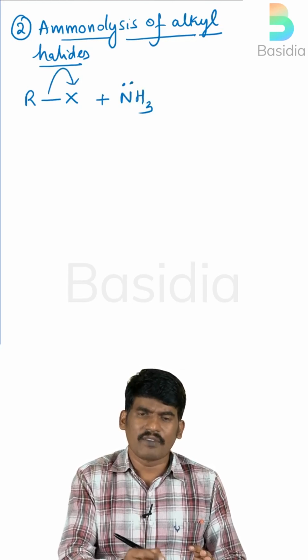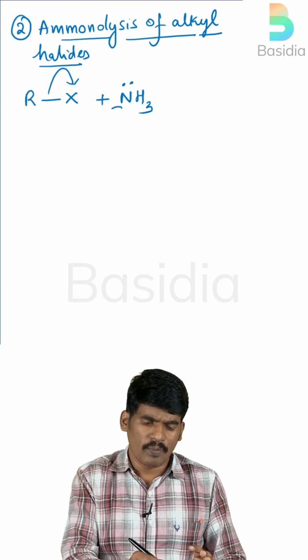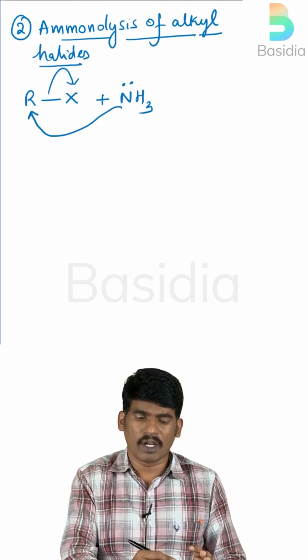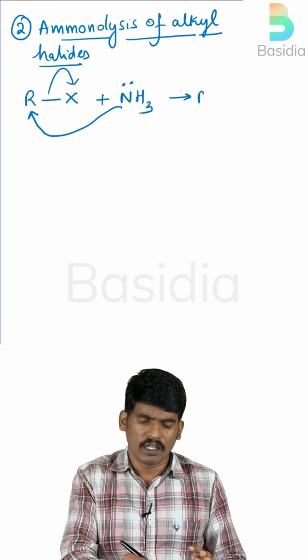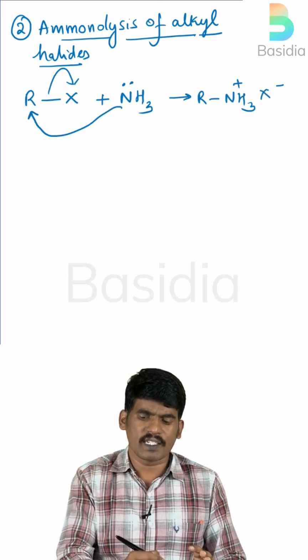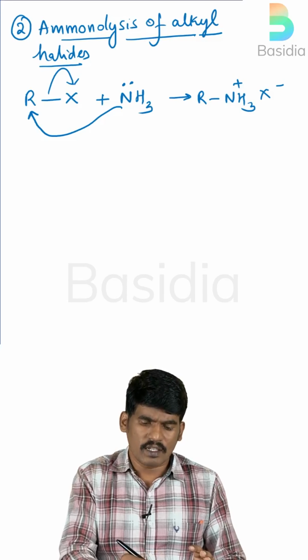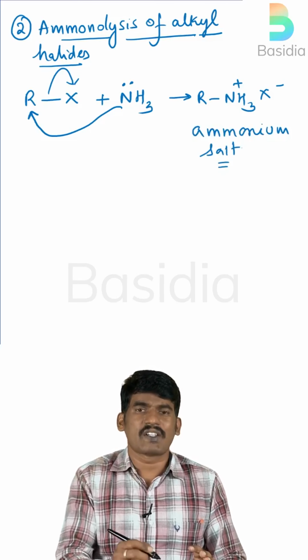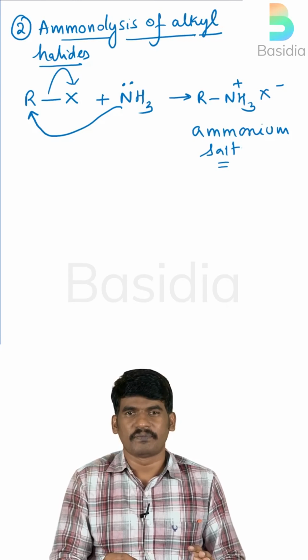So nitrogen is having a lone pair. This lone pair will be given to R because R is electron deficient. Then it forms RNH3+ and X-. So this is an ammonium salt, a substituted ammonium salt you can say.